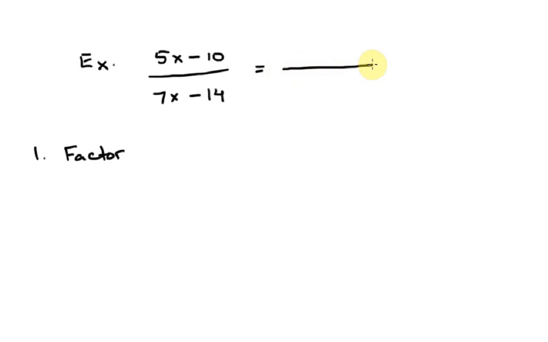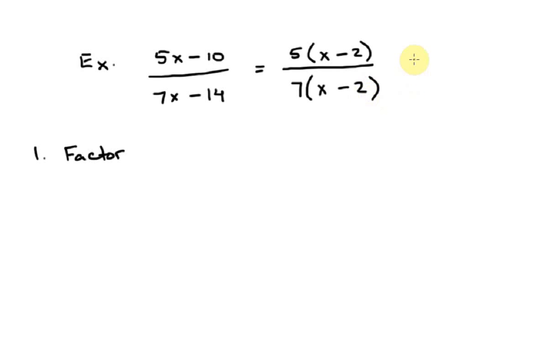If I look at the top of this thing, I can take out a common factor of 5. That would leave me with x minus 2. On the bottom, I'm going to take out a common factor of 7, and that also leaves me with x minus 2.